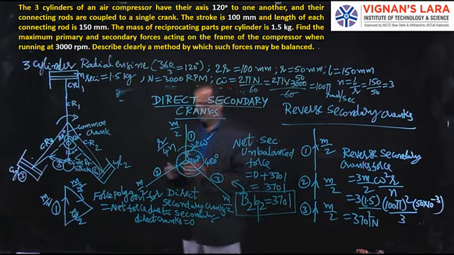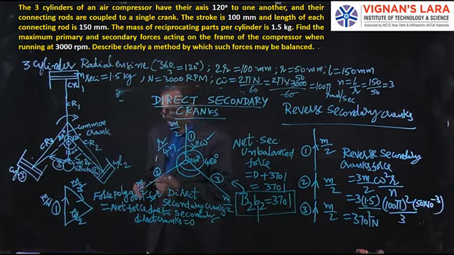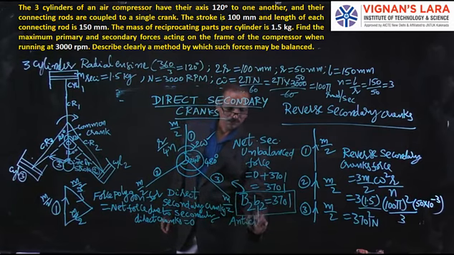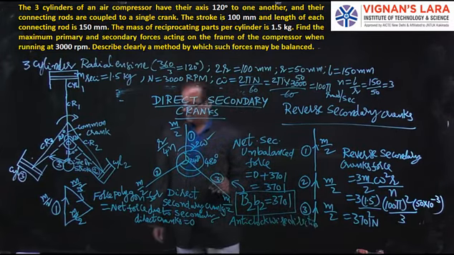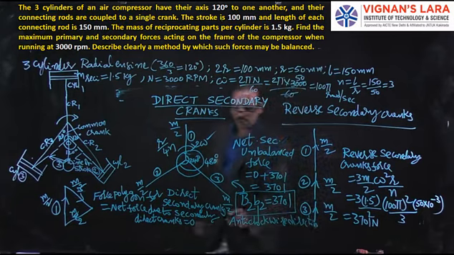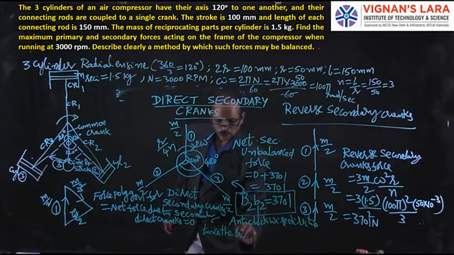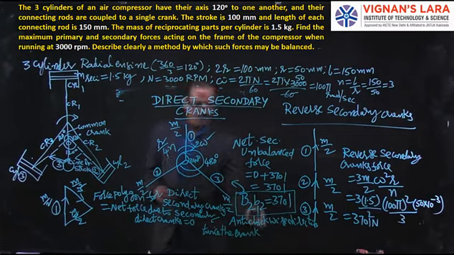So where you have to put this mass has to be placed, at a distance of b2 in the anti-clockwise direction, twice the crank speed.